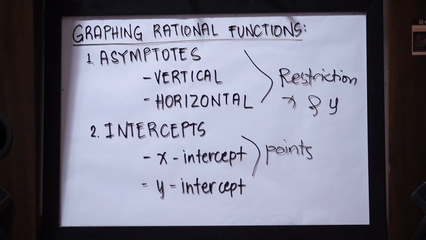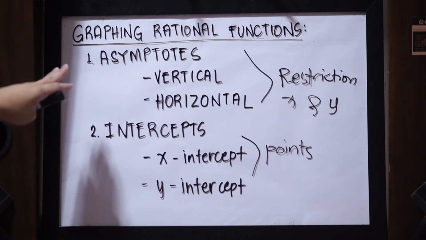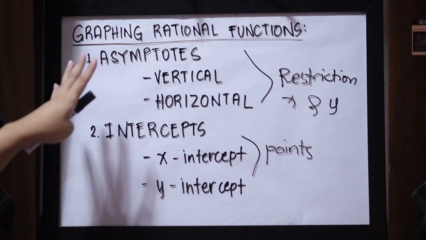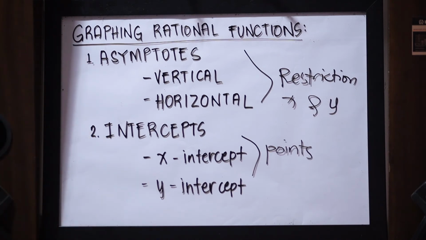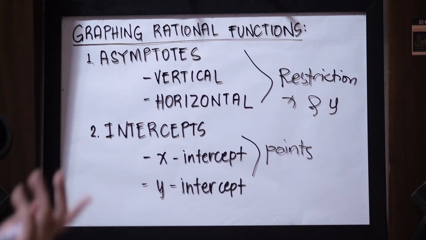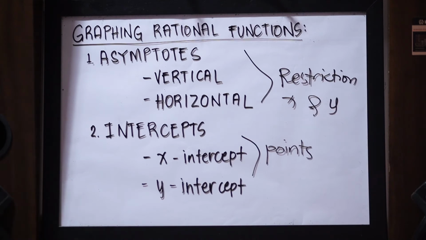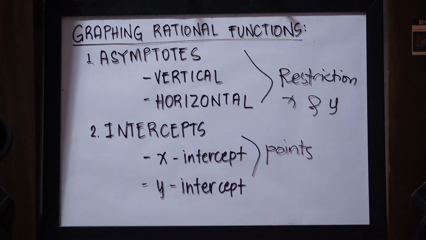Ibig sabihin, hindi magko-cross or mag-overlap or mag-i-intersect yung graph natin sa lines na to, sa asymptotes na to. And then the second one is the intercepts. Yung intercepts naman, x and y intercept, these are the points that we will use so that we will know where the graph lies in a given rational function.